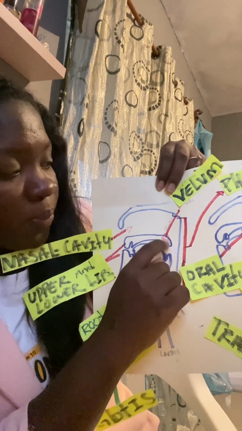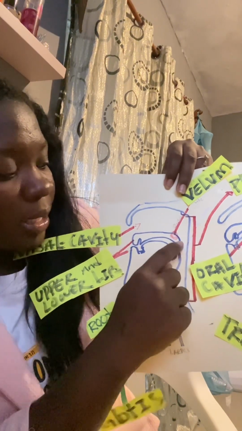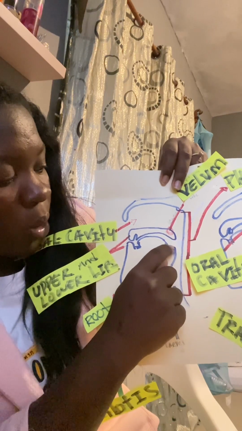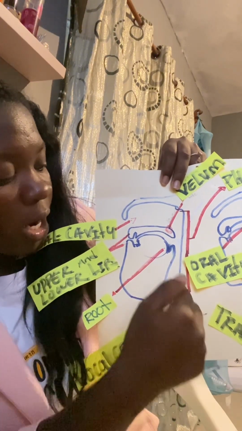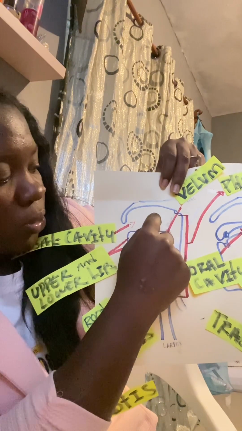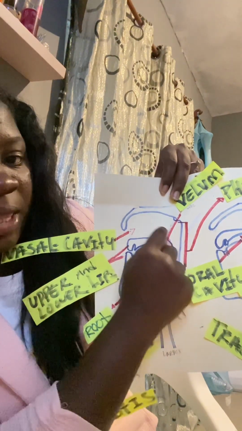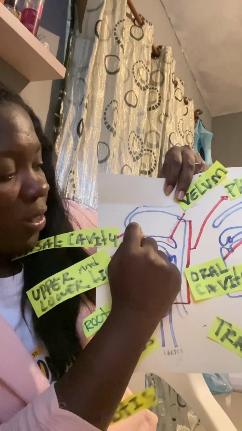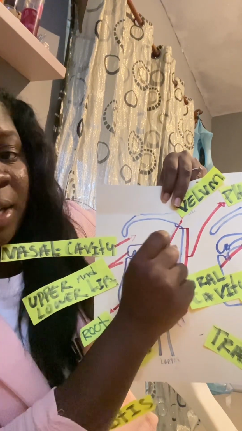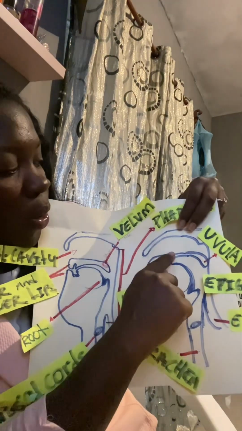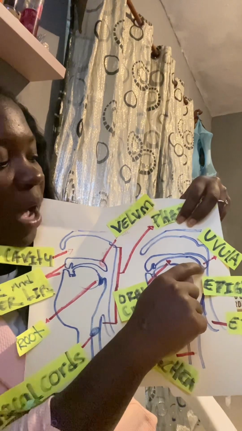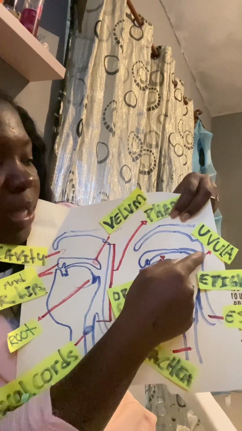When the velum and the uvula are lowered, the air stream goes through the nasal cavity, and the sounds that we perceive from that cavity are called nasal sounds. But over here, when the velum and the uvula are raised, they block that part.